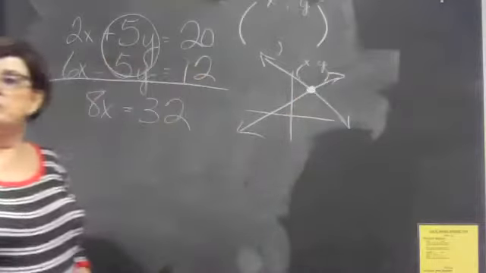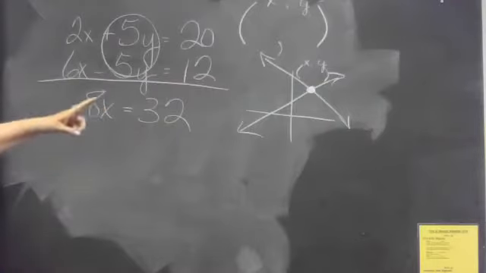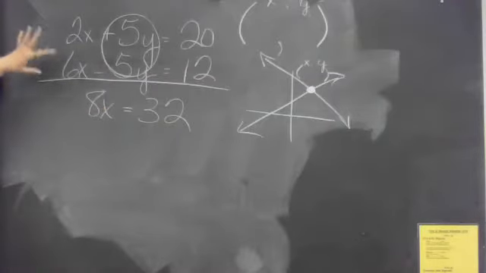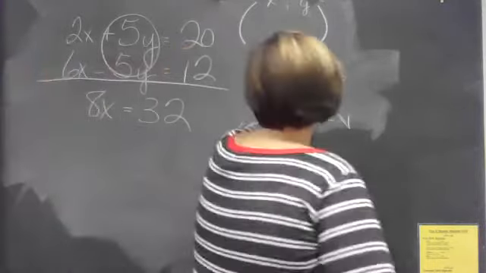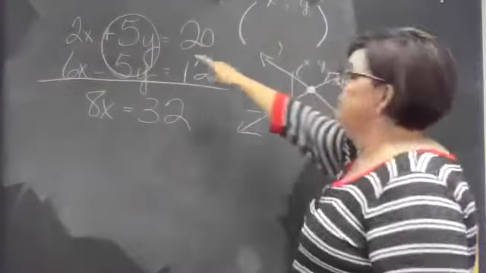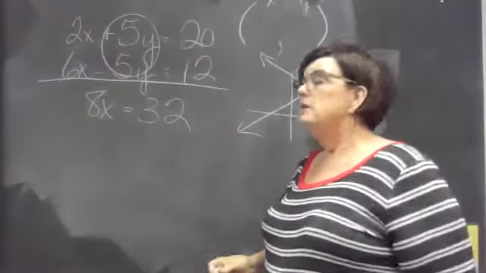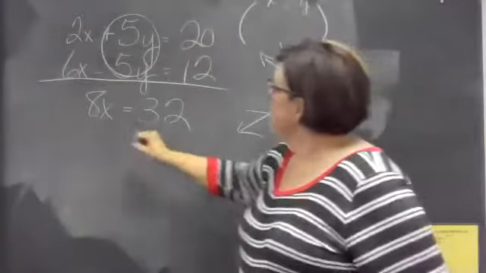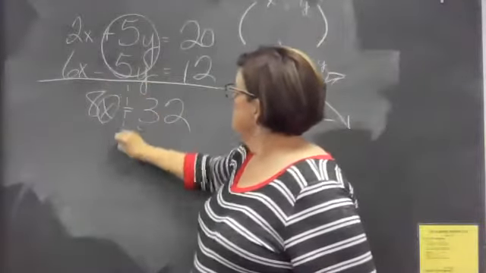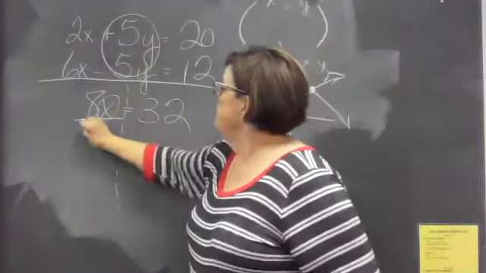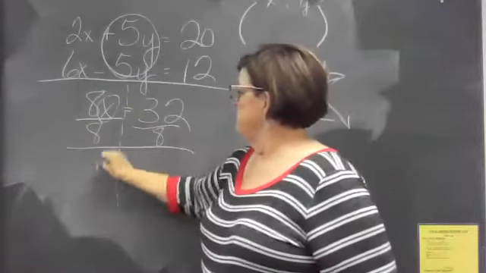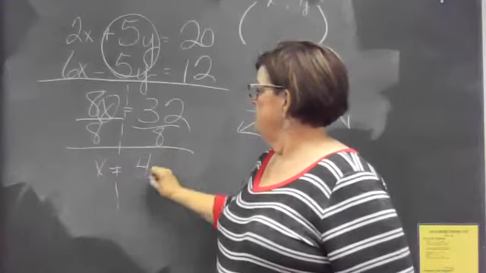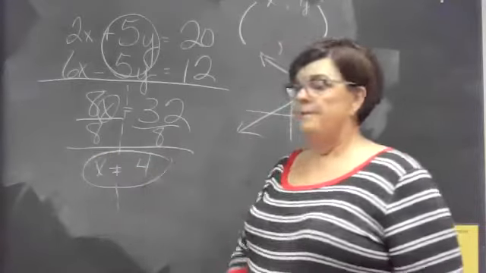That's what we're trying to do, find the point where these 2 lines, if I graphed them, would intersect right there. So right here, if I go ahead and solve for x, I need to divide by 8, and so x is going to equal 4. You guys okay?